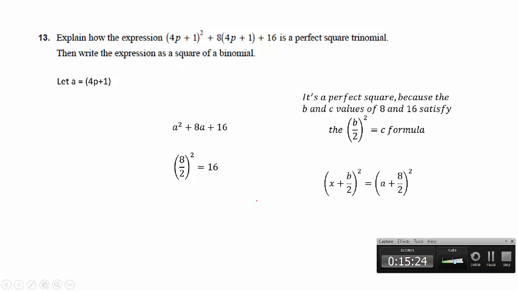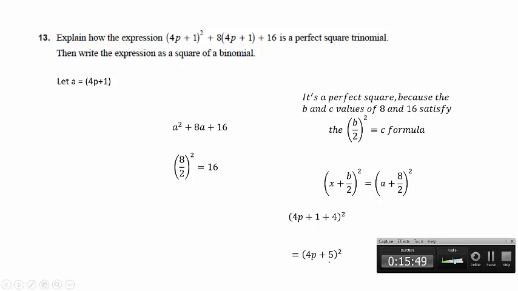So then all I would have to do is remember, if you write x plus b over 2 squared, that is the rule for factoring this really quickly. So I'm going to change b into 8, and we're not using x, we're using a. But we have to remember a was actually equal to 4p plus 1. So I'm going to change that back, and also 8 over 2 is 4.